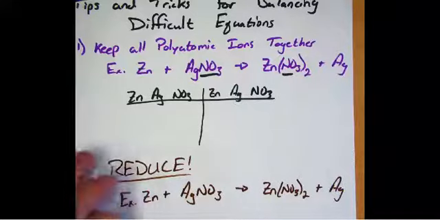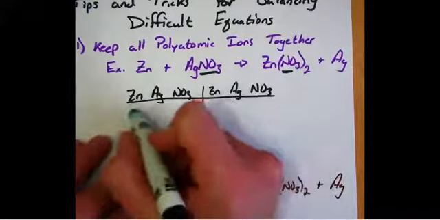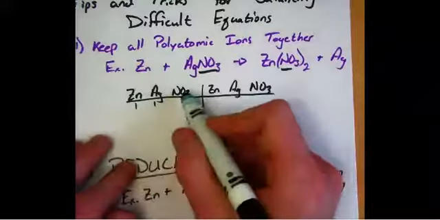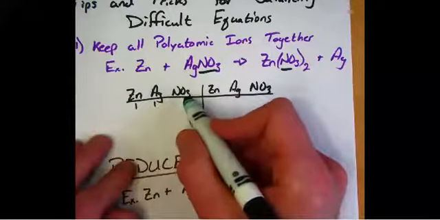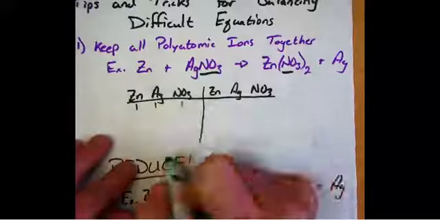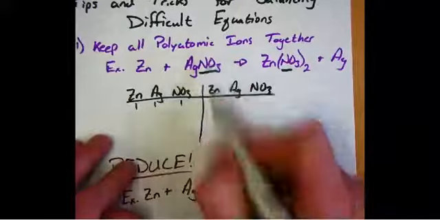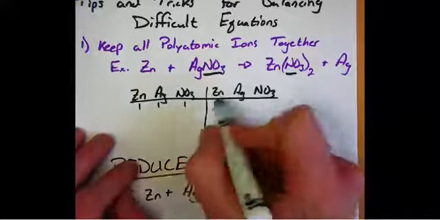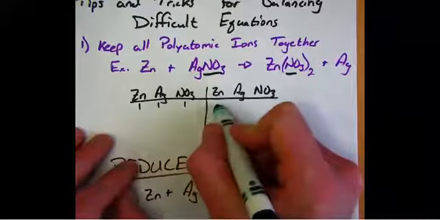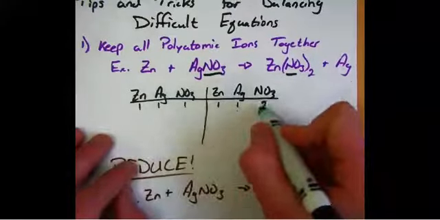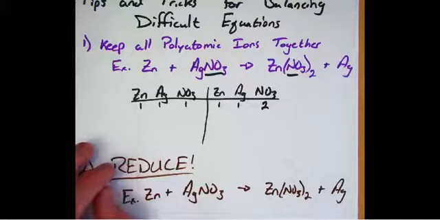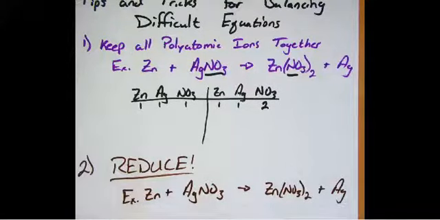So the first thing that I'm going to do in the first row is represent the amount of atoms of each element that I have, and in this case, the amount of ions that are present, because we've got our polyatomic ion, and we're going to balance it all together because, as we see, nitrate is on both the left and the right. Now on the right we have 1, 1, and 2. So in order to balance this chemical equation, we need to make certain that we have the same amount of nitrates on the right as we have on the left.